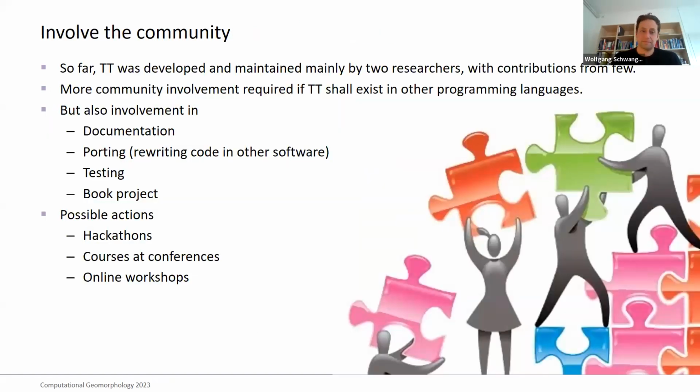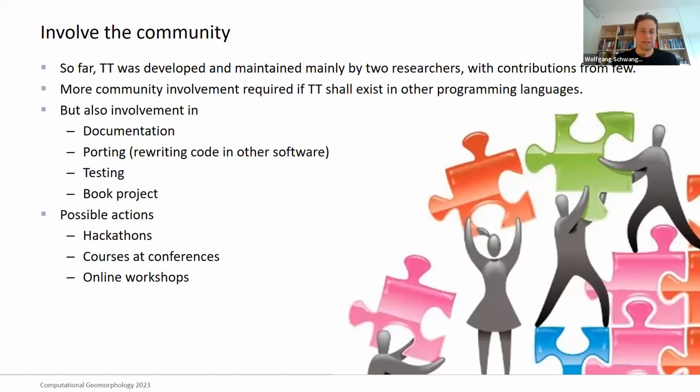Involving the community. So far, TT was developed and maintained mainly by two researchers with contributions from a few. It would be nice if we had more involvement, and that's in particular required if TopoToolbox shall exist in other programming languages. However, we don't only want other programmers.